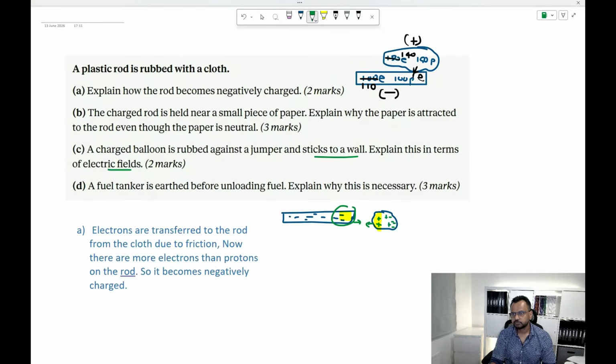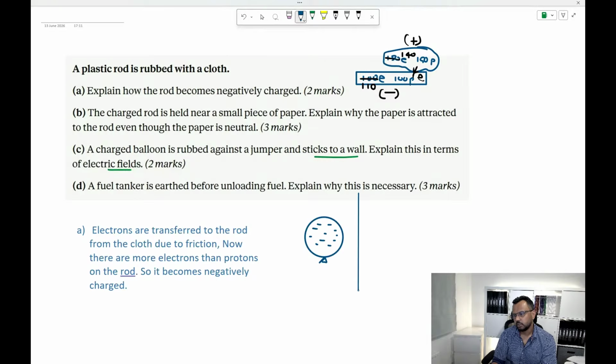Now, if you think about a balloon with some negative charge. It doesn't say what charge it is, but let's assume it's negative. It could be positive as well, right? It doesn't say. Now, here's a wall. There is an electric field around it, and those electric field lines go through this.